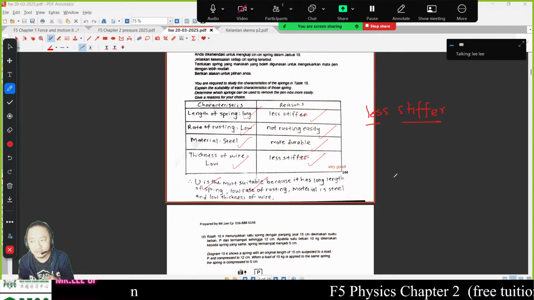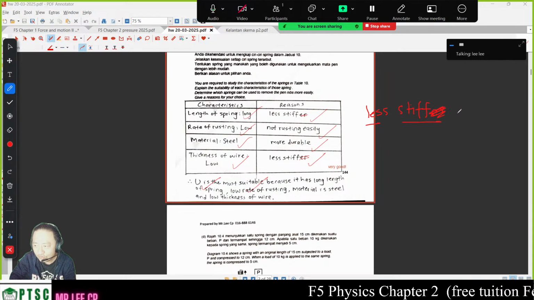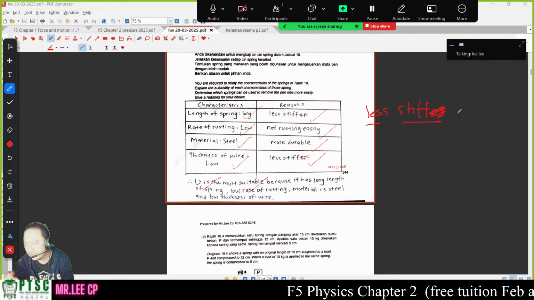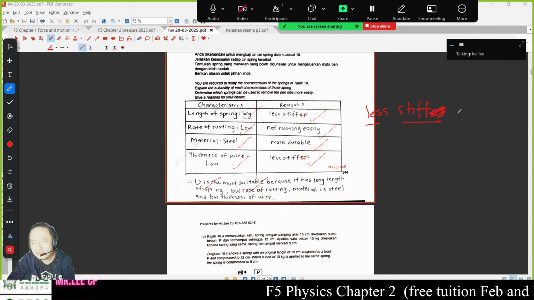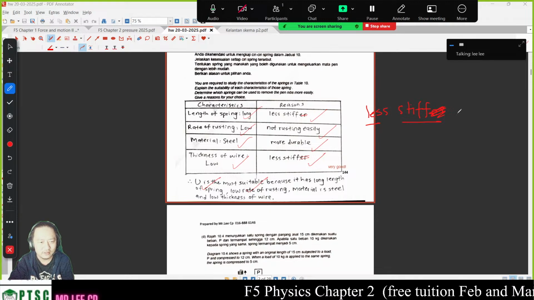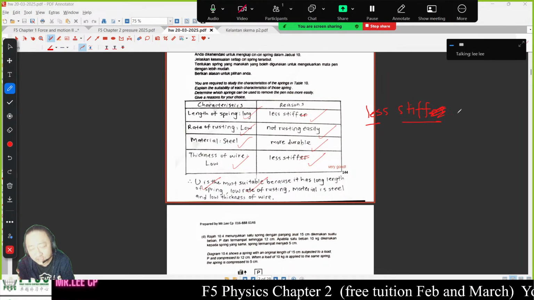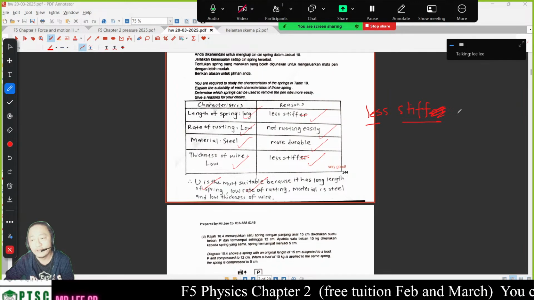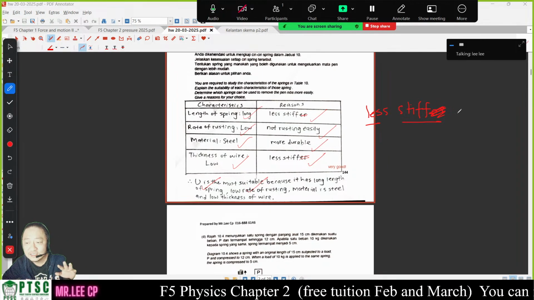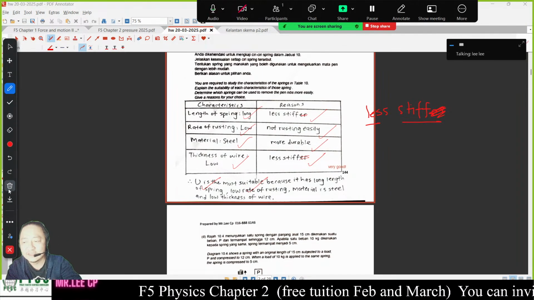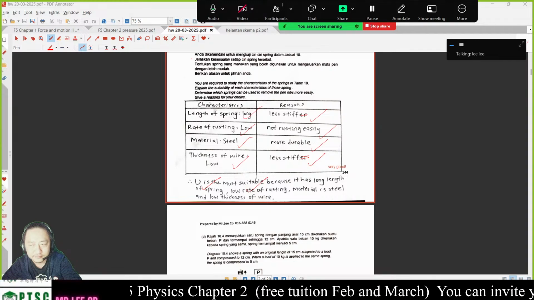Don't use the word less stiffer, this word is like less and then stiffer, so quite confusing. Just say less stiff, or less, the K is less. Now your answer is quite okay.